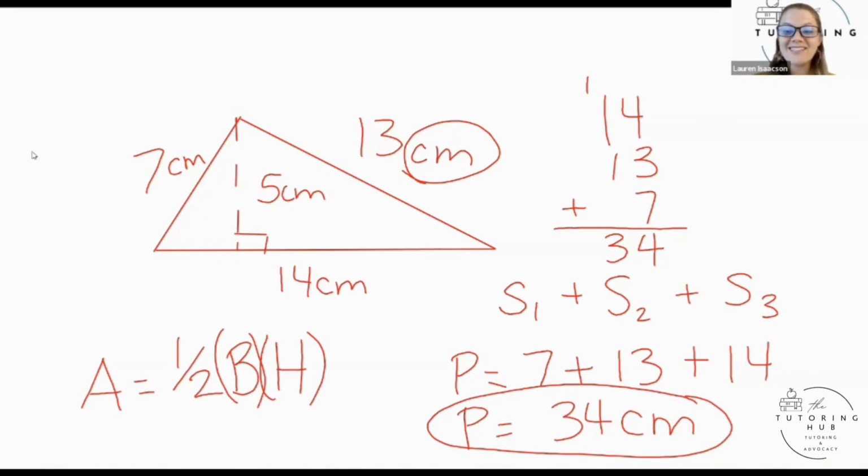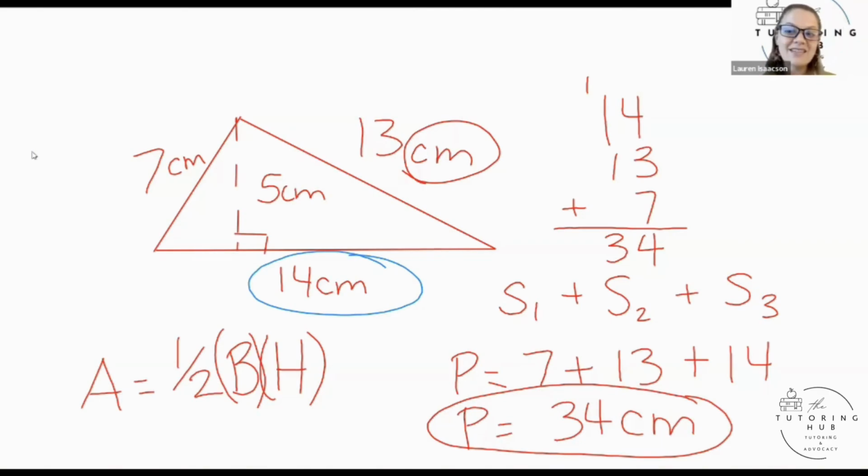The base is opposite the tallest point, where that bottom perpendicular line meets that height and creates a right angle. In this case, that would be 14 centimeters. So that's our base.